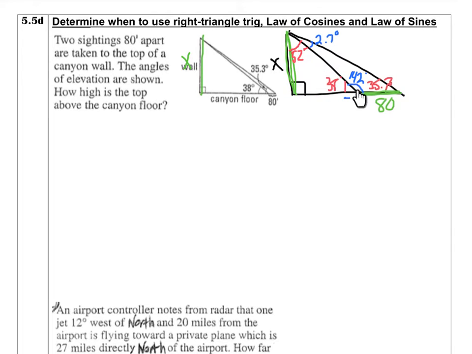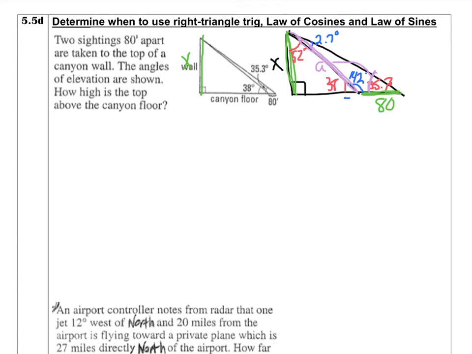If we use the big right triangle, I need to find this side length here. I'm going to choose to find this side length right here. And let's just call that side length A. So side length A, if we find its matching angle, is going to be right here.